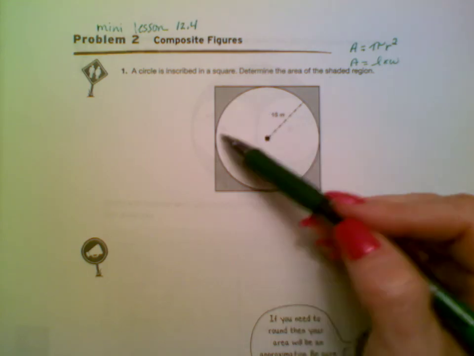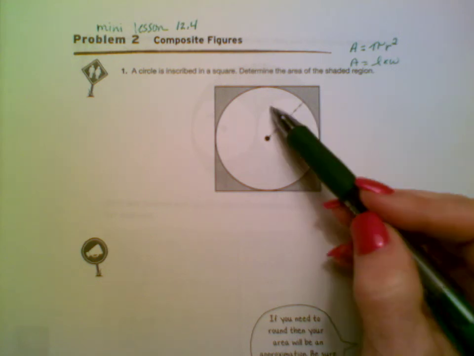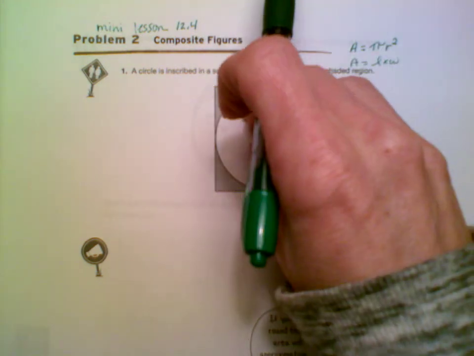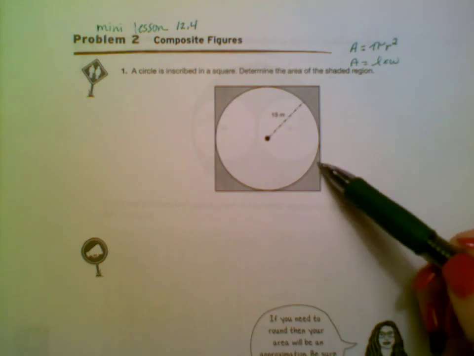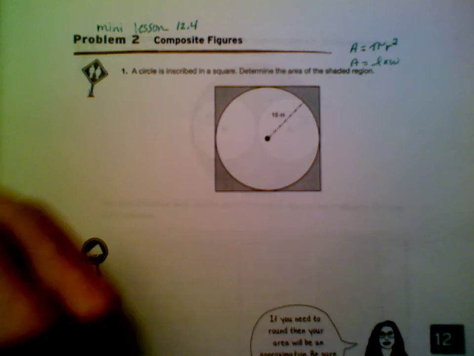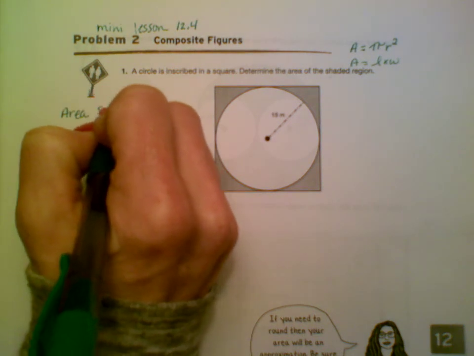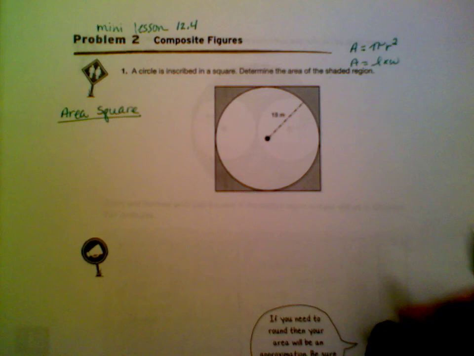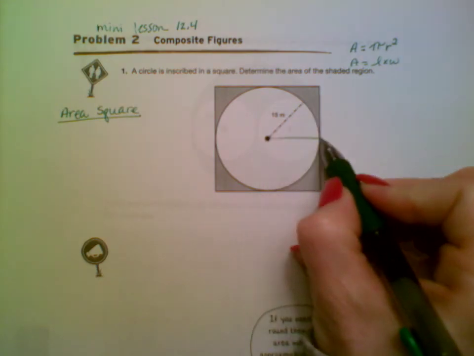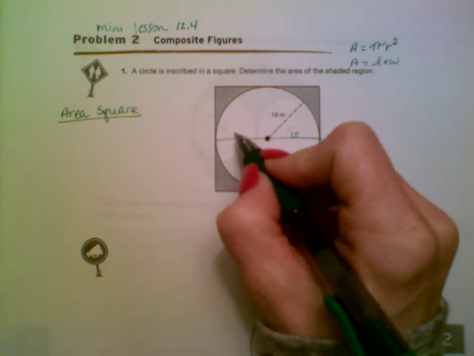So if I can find the area of the whole thing, then I can find the area of the circle, and I could take the whole square and subtract out the circle, and I'd be left with this. So that's kind of my thought process. So step one, I'm going to find the area of the square. I see here that my radius is 15, which I can see would be this here and this here.